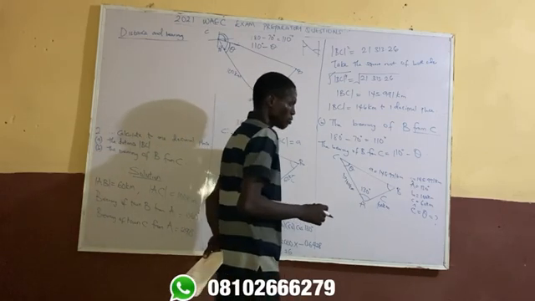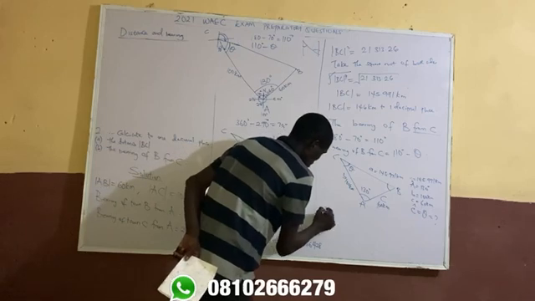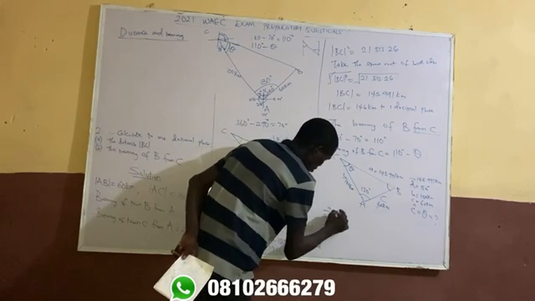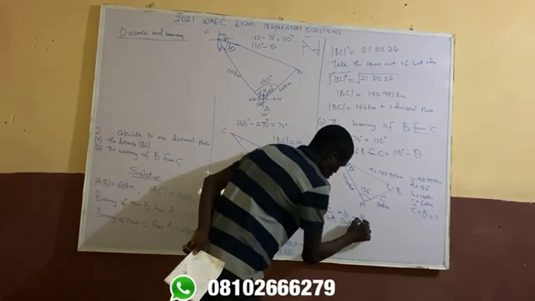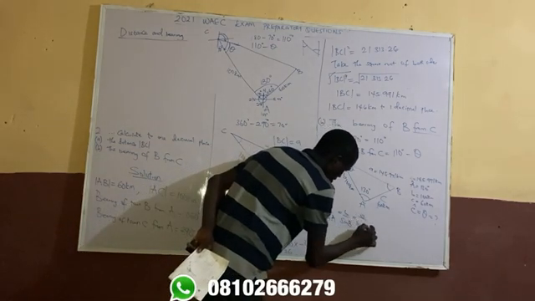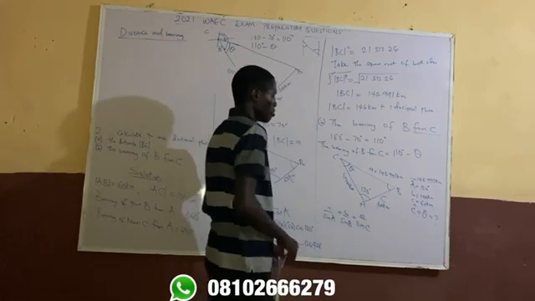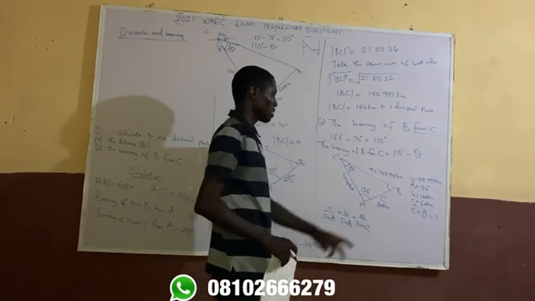You have the sine rule: A over sine A equals B over sine B equals C over sine C. But we cannot use all of it at the same time.